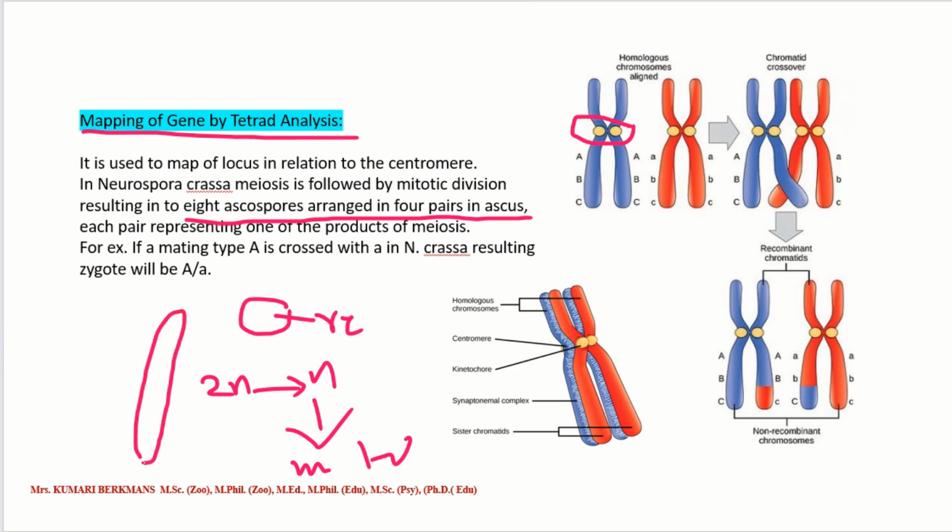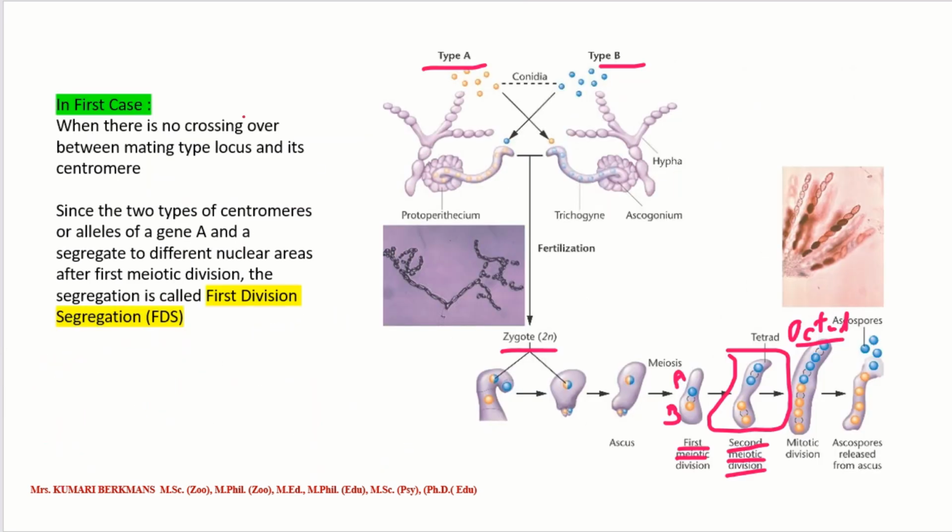For example, if a mating of A is crossed with small a, the zygote will be Aa, so it possesses such alleles in the chromosome. In the first case, when there is no crossing over, this is type A conidia, this is type B conidia. It gives rise to the zygote with no crossing over.